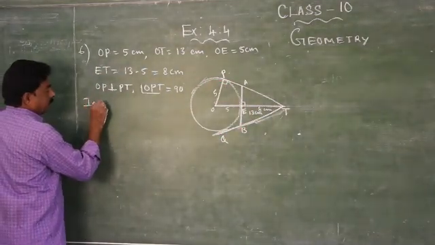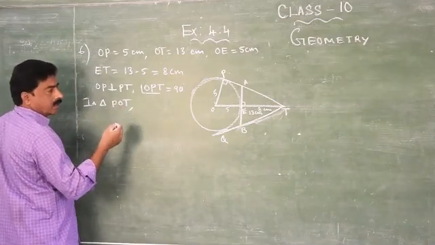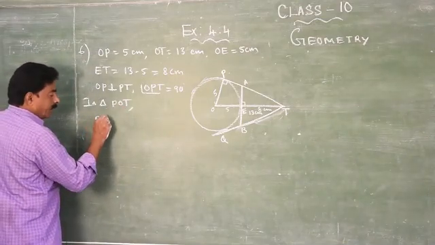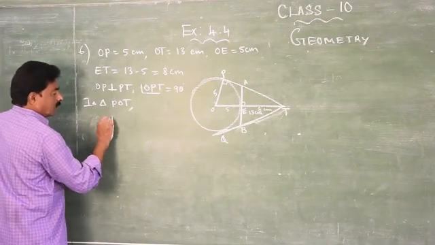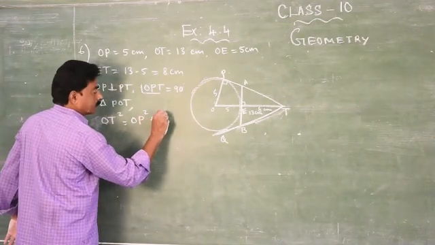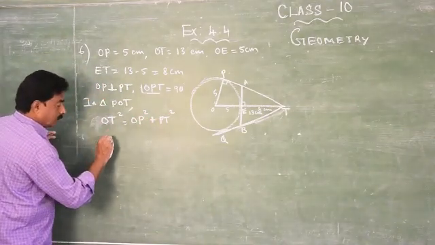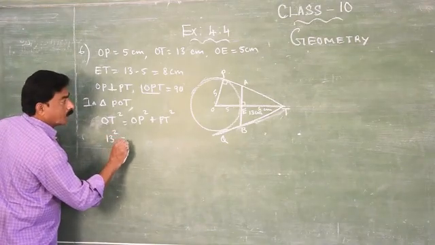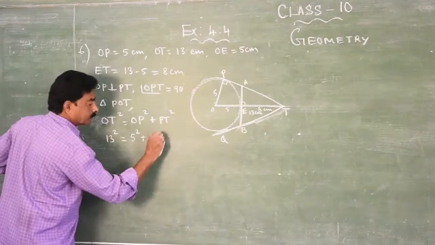So in triangle POT, straight away I am applying the Pythagoras theorem. OT, the hypotenuse, squared is equal to OP squared plus PT squared. OT is 13, so 13 squared is equal to OP, which is 5, squared, and PT we have to find.